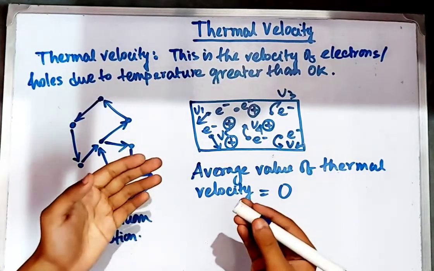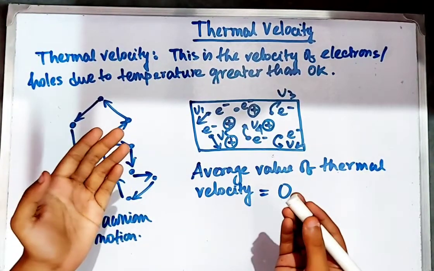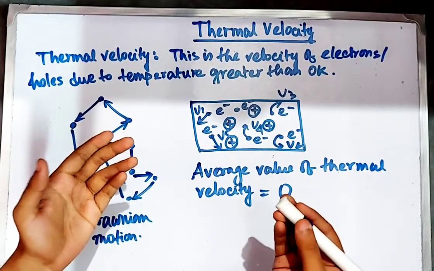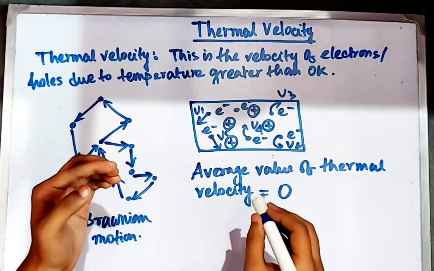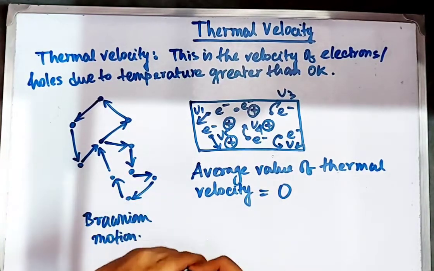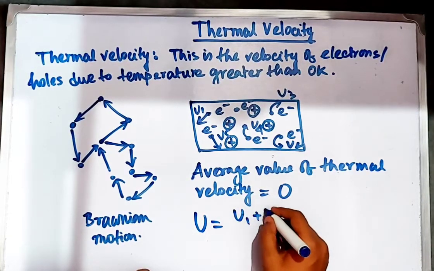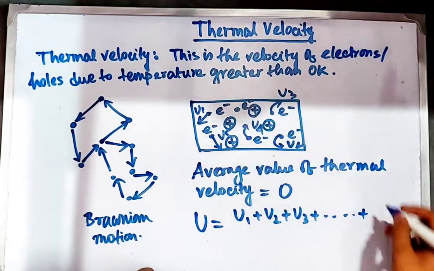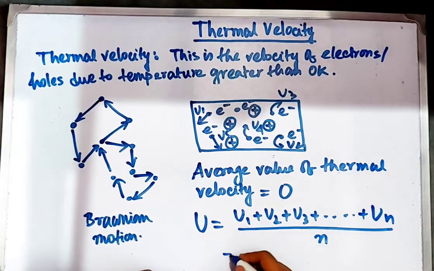But if we are not giving any external force, how can we get a current? So the summation of all these velocities must be equal to 0. That means the average thermal velocity, u1 plus u2 plus u3 plus so on up to un, divided by n, where n is the number of electrons, is equal to 0.